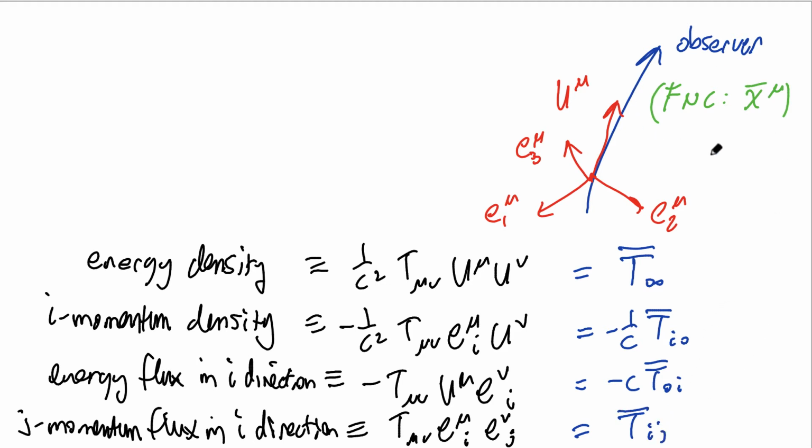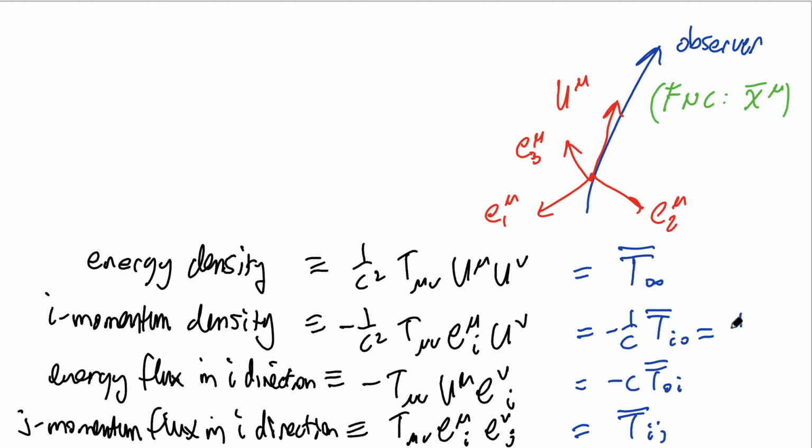Remember, the metric in Fermi normal coordinates is just a Minkowski metric, minus 1, 1, 1, 1 down the diagonal. So we can raise and lower these indices in Fermi normal coordinates just with the possibility of a minus sign. So for example, if we raise this 0 index, we get an extra minus sign. Raising the i index, the spatial index, doesn't change anything.